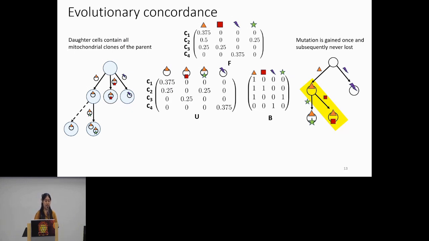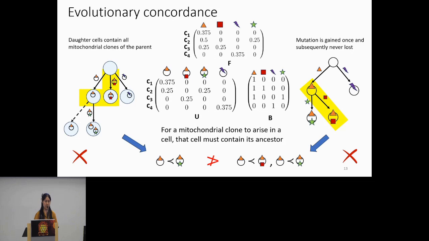And we would expect that the cell containing the square mutation to be a descendant of a cell that contains the triangle mutation. However, this is not the case here. For a mitochondrial clone to arise, the cell must contain its ancestor, which is not the case here. And if we list down the partial order induced by the two trees, we can see that they're not concordant.